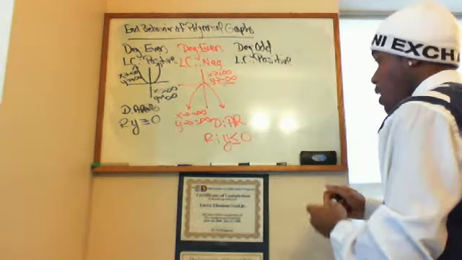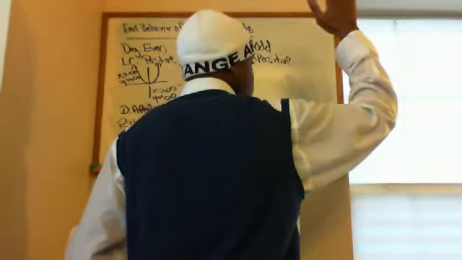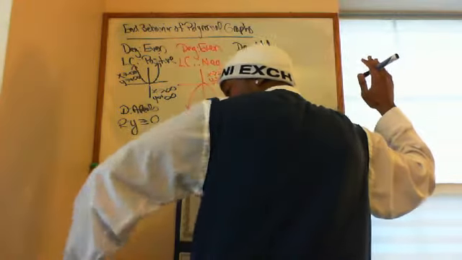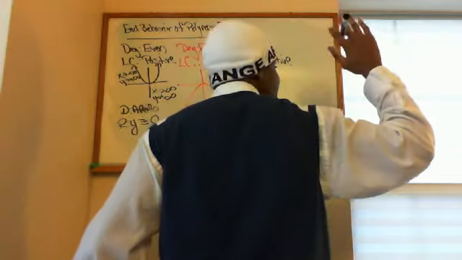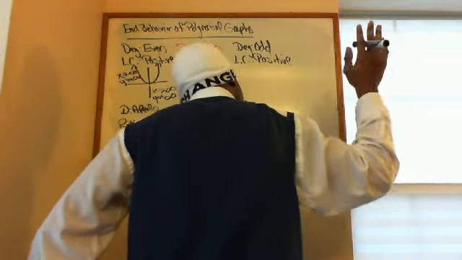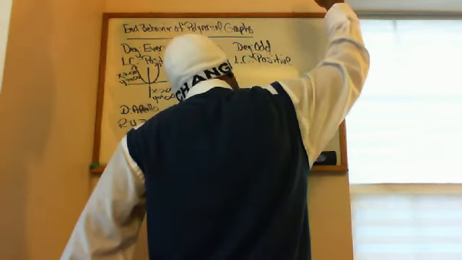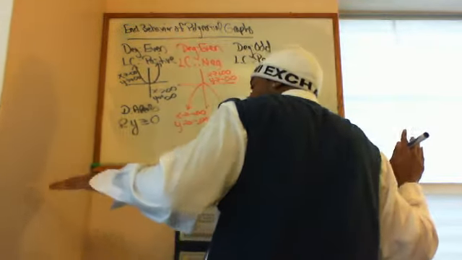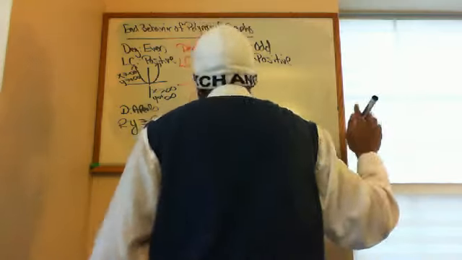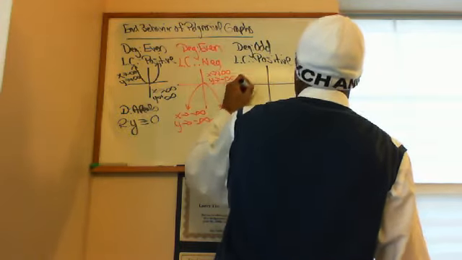Now, if the degree is odd, but the leading coefficient is positive this time, it looks kind of like a cubic function, where on the right-hand side, as x approaches positive infinity, y goes up to positive infinity. As x approaches negative infinity, y goes down to negative infinity.